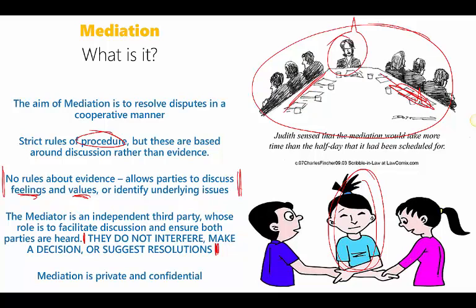So you should only use this really informal method to resolve minor disputes, and really, really complex and detailed legal matters should be dealt with by the courts. This is completely false, okay?